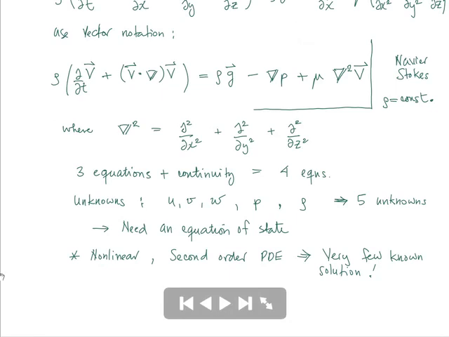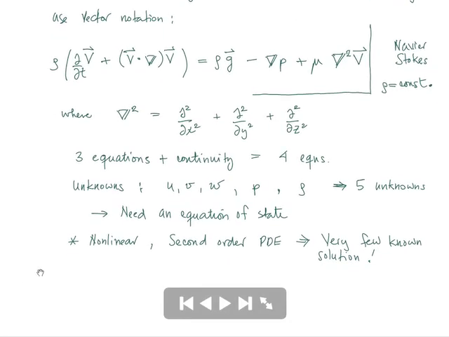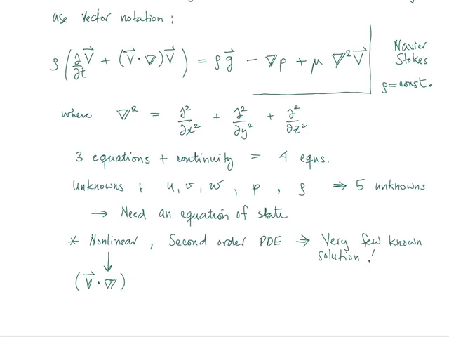Usually the few known solutions involve some particular sort of symmetry where the nonlinear term disappears, for example. The nonlinear term is, of course, this term involving the convective derivative. This term here is our nonlinear term, which produces most of the problems, and when there are symmetries we can perhaps cancel it out, eliminate that problem, and then get an analytical solution.